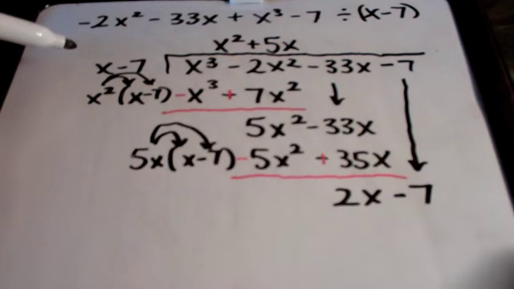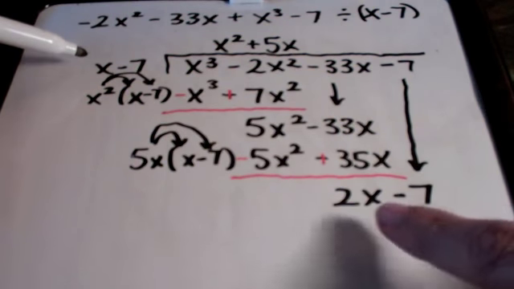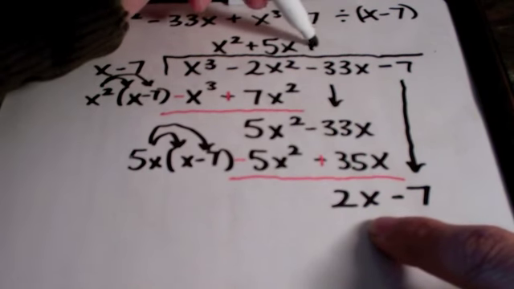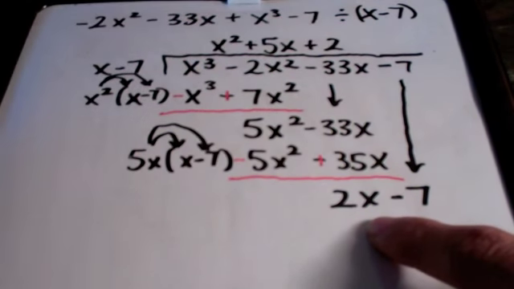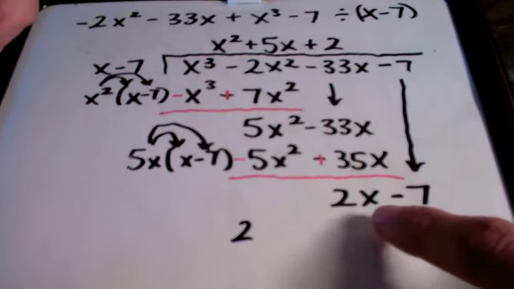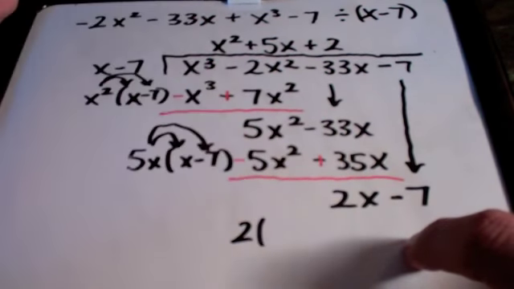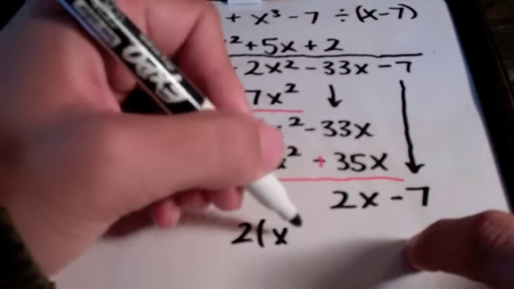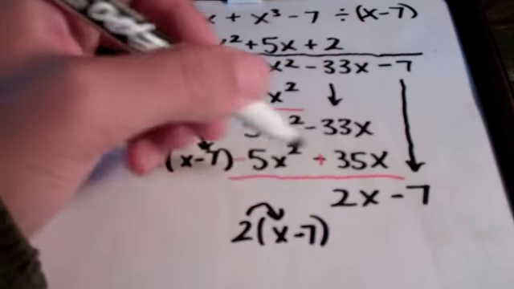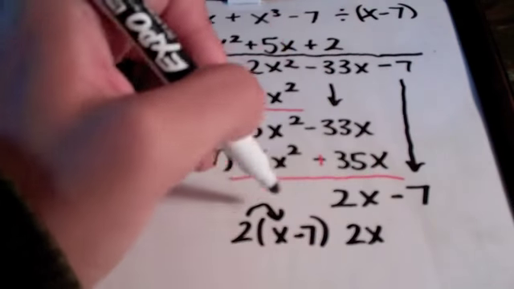Now we go back to our divisor and we see what can we multiply x by to give us 2x, and that's going to be a positive 2. So we write that into our quotient, and then we write our term here and multiply it by this factor, x minus 7. Use the distributive property, so this is going to be 2x.